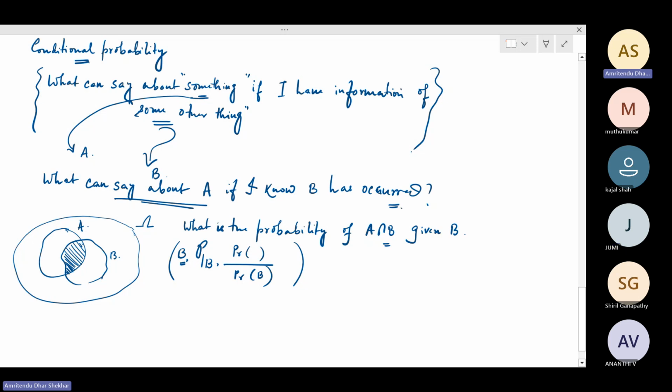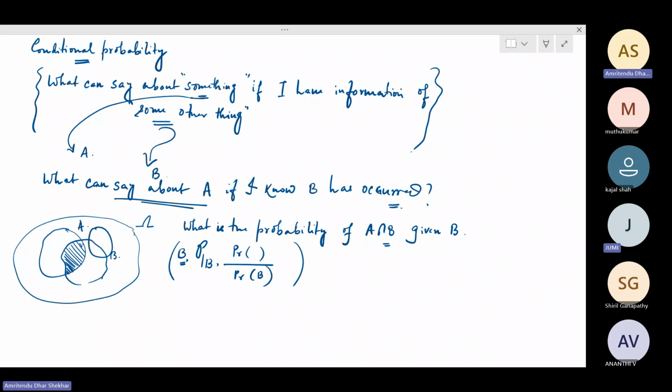The universe is now B, because it is given that B has occurred. So if B has occurred, then every other event in the universe can only occur if it intersects with B. Therefore, this P subscript B has all the events which intersect with B. The events which don't intersect with B are not included because they cannot occur.